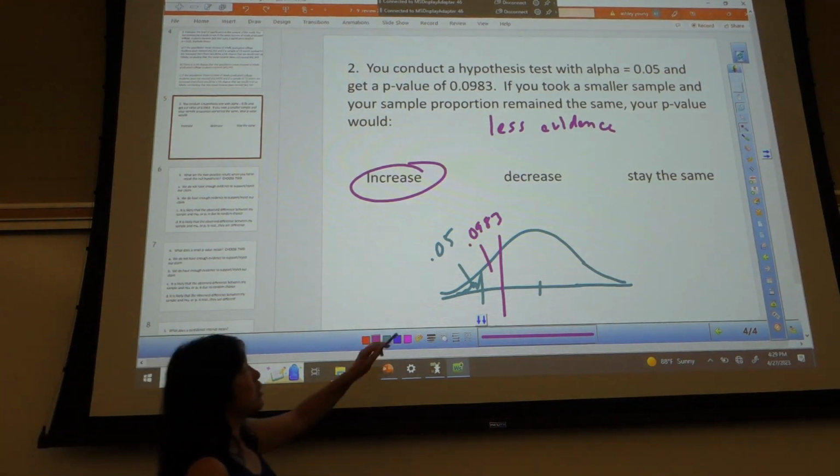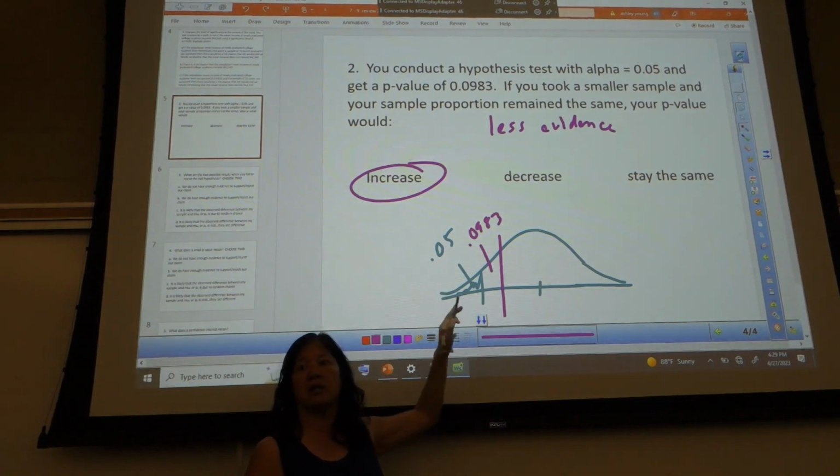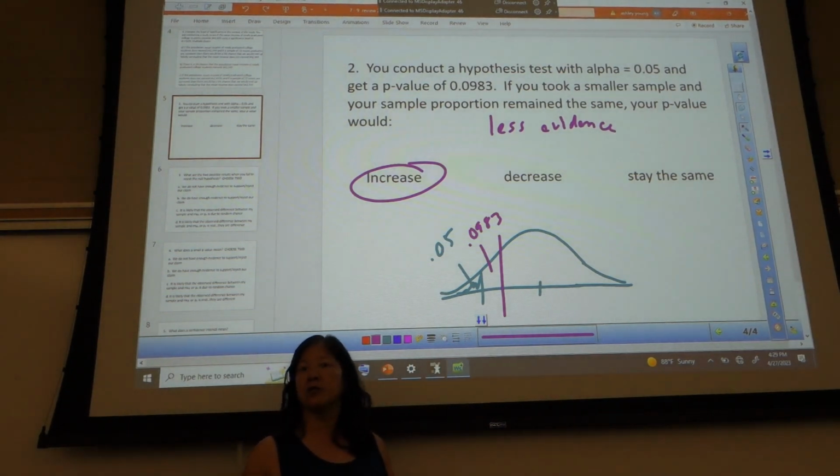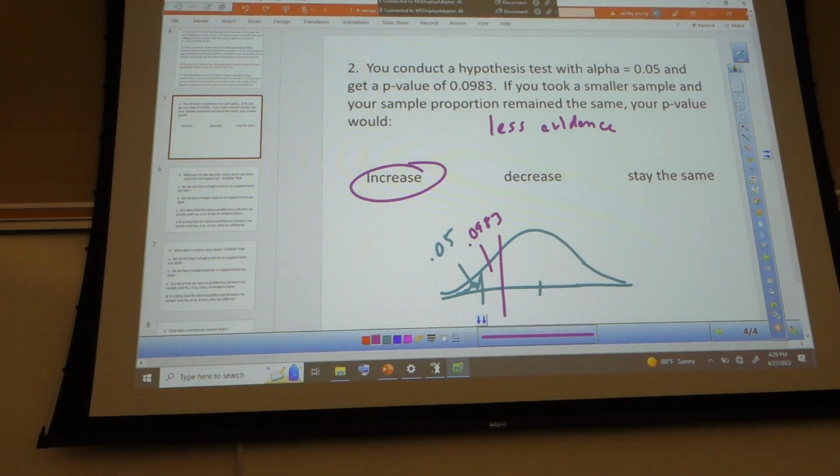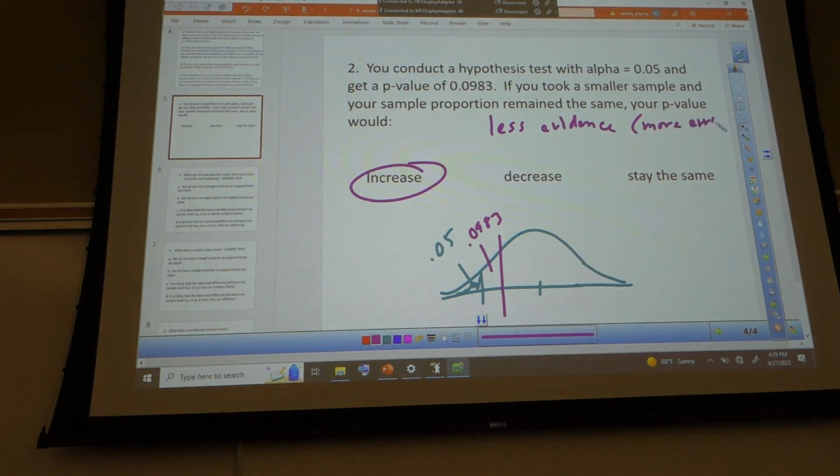Evidence will have to do with your hypothesis tests. Error will have to do with your confidence intervals. I'll put more error. So this is for tests. This is for confidence intervals.